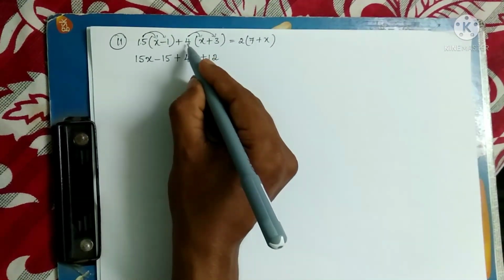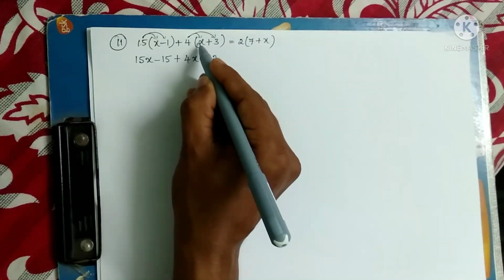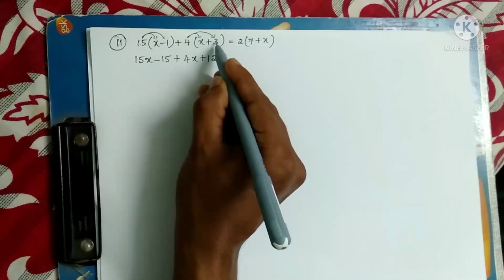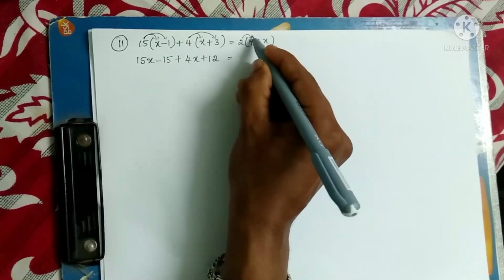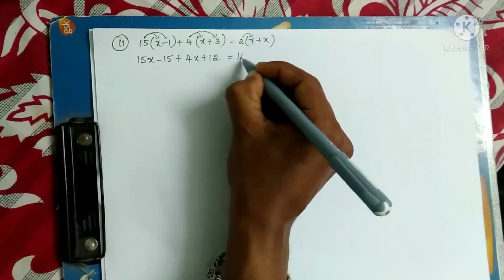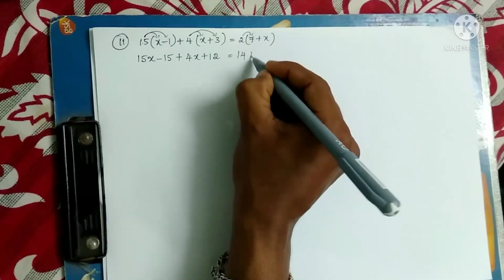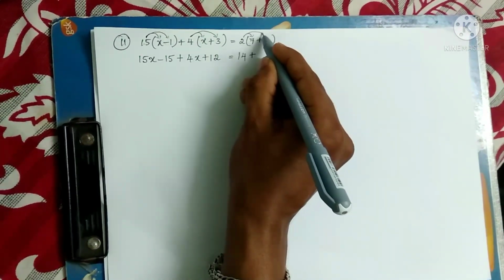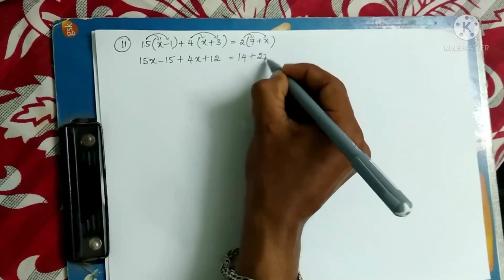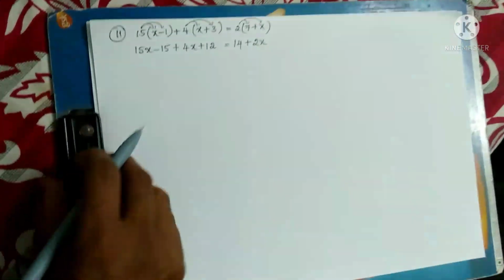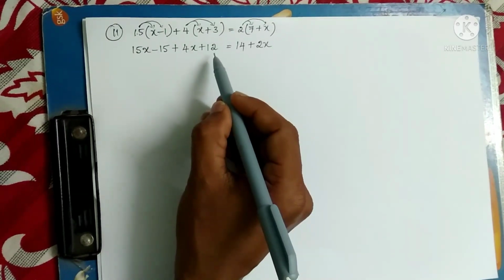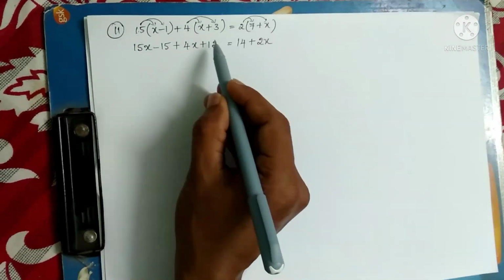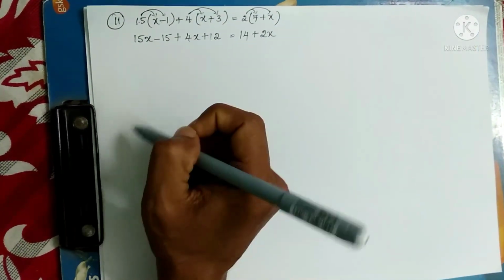So here we are multiplying with 4. 4 into x is 4x plus 4 3s are 12, which is equals to 2 into 7. 2 into 7 is 14. So write plus as it is. 2 into x is 2x. Okay, now you can see from LHS, so we have like terms.